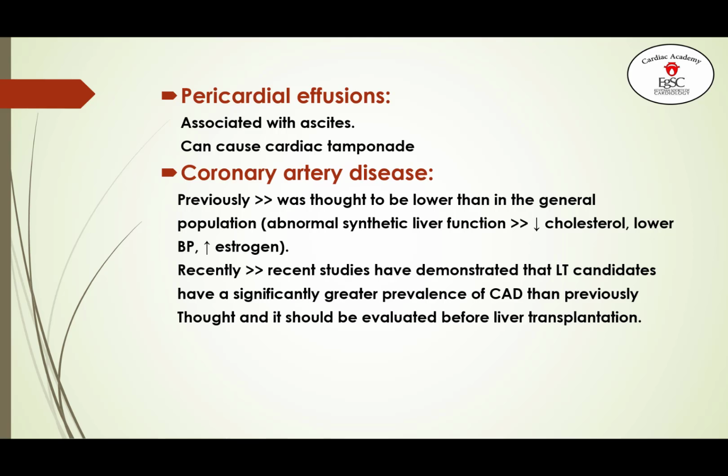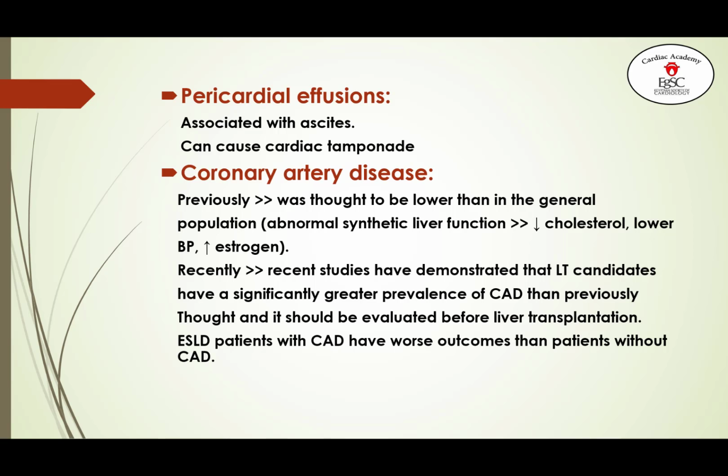But recent studies have demonstrated that liver transplantation candidates have a significantly greater prevalence of coronary artery disease than previously thought, and it should be evaluated before liver transplantation. End-stage liver disease patients with coronary artery disease have worse outcomes than patients without coronary artery disease.